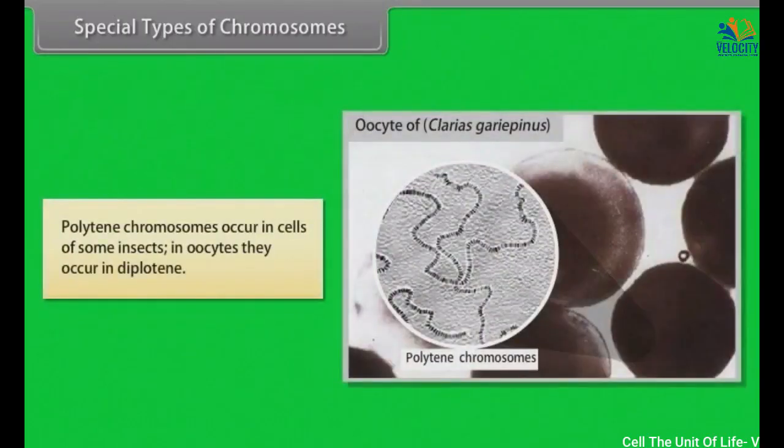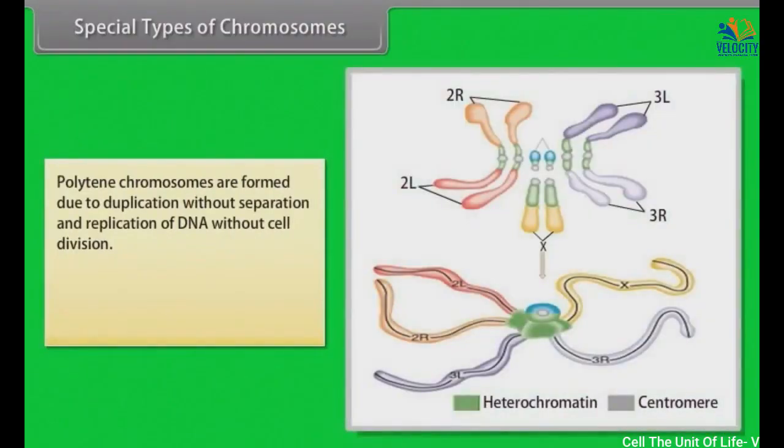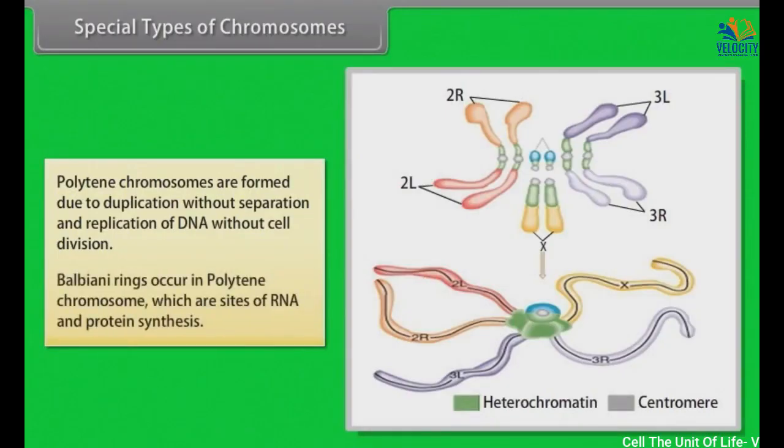Polytene chromosomes occur in cells of some insects. They occur in a polyploid state. Polytene chromosomes are formed due to duplication without separation and replication of DNA without cell division. Balbiani rings occur in polytene chromosomes, which are sites of RNA and protein synthesis.